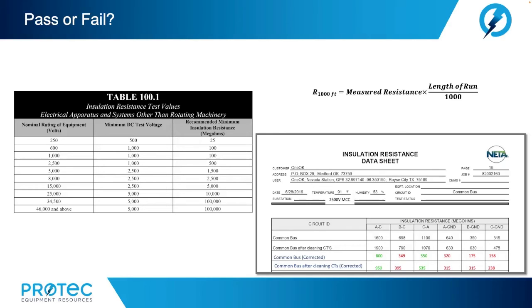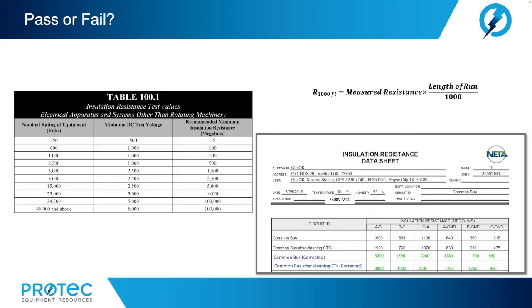Now, let's assume that the length was longer. So now let's assume that the tested busway is 2,000 feet in total length. So now, based on the formula that's shown, we would multiply each measured value by 2.